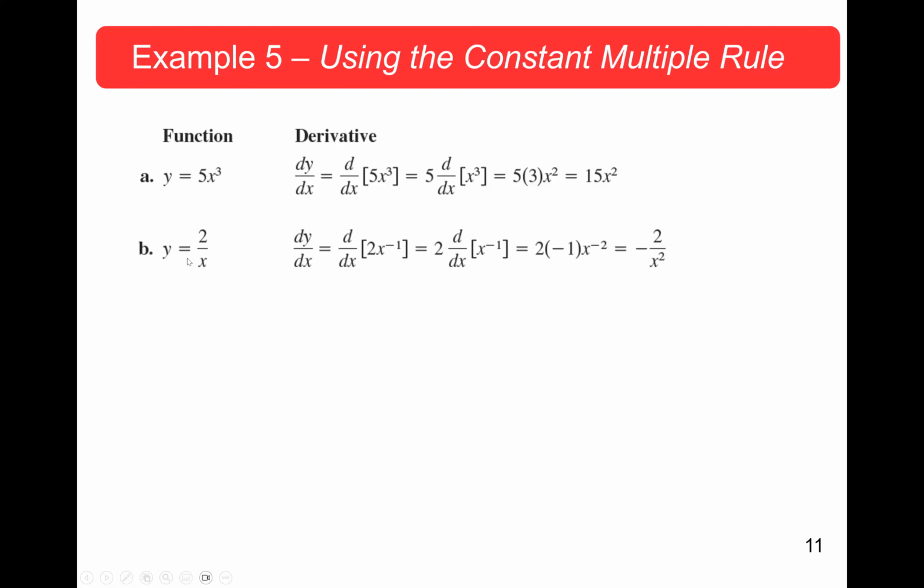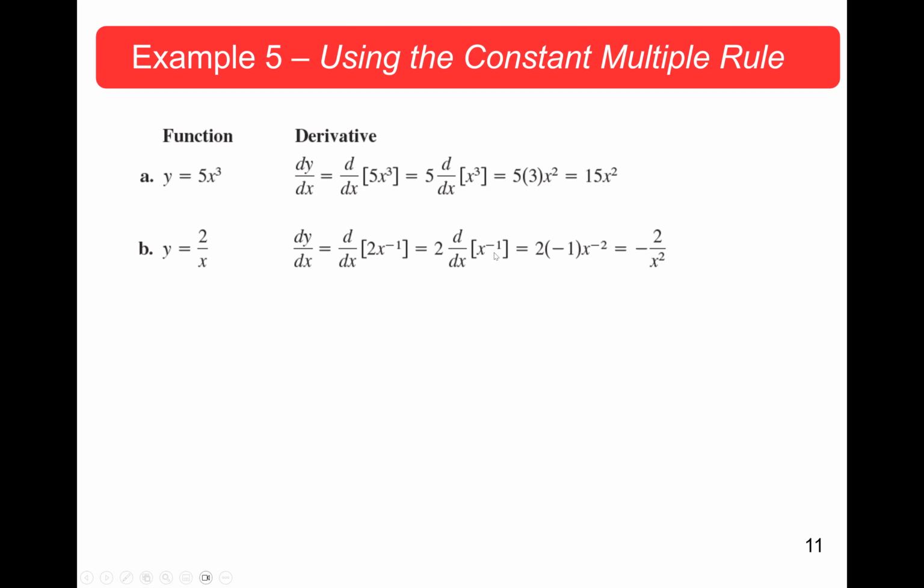Let's see another example. We have y equal to 2 divided by x. We can rewrite this function as 2x to the power negative 1. We bring the x to the top as a numerator instead of denominator. So 2 is our constant value, and we are not going to touch it.